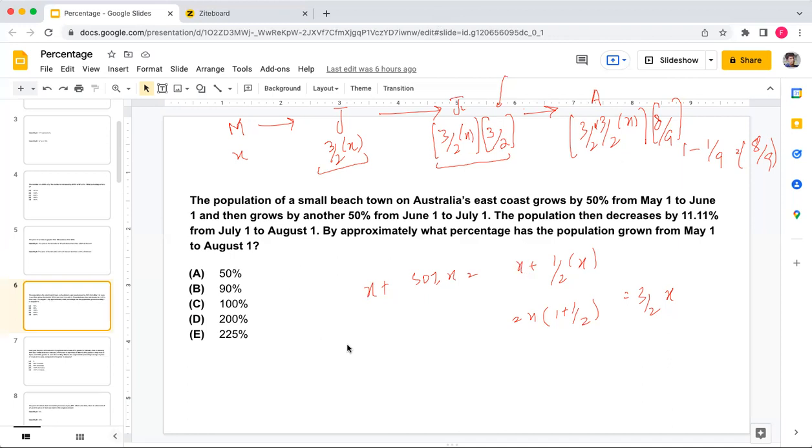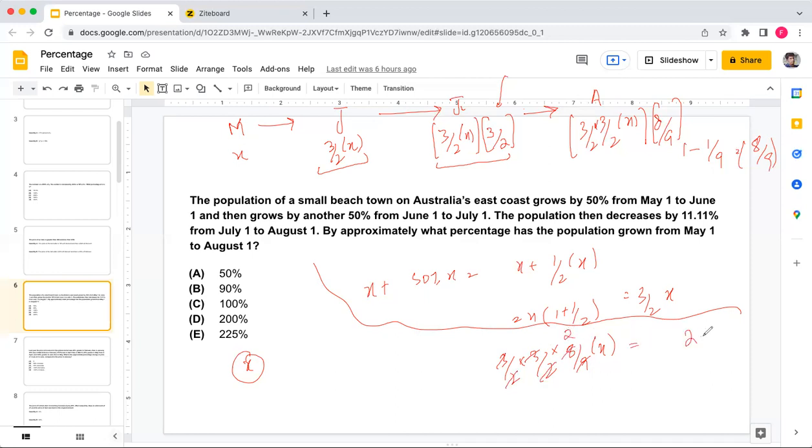So at start we have X, and at last we have 3/2 into 3/2 into 8/9 of X. The 3 into 3 into 9 will cancel out. 2 into 2 is 4, and 4 twos are 8.